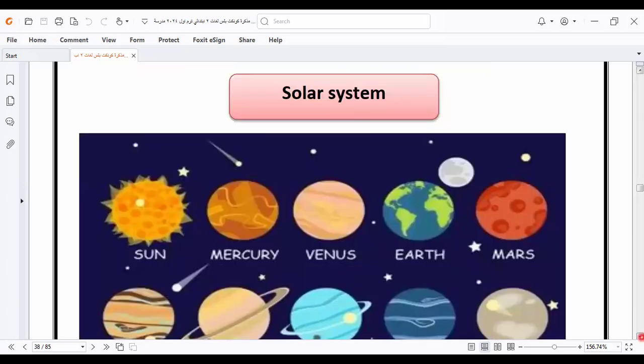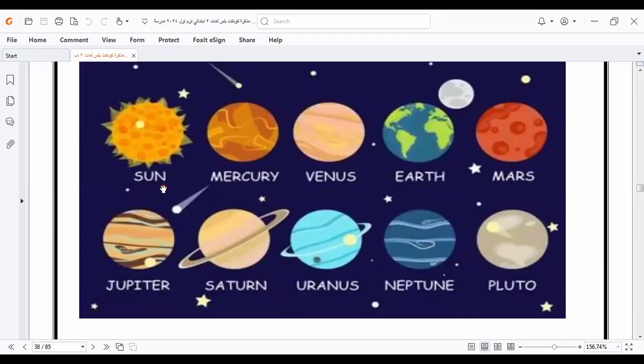Here we have the solar system. Let's read together. We have Sun, Mercury, Venus, Earth, Mars, Jupiter, Saturn, Uranus, Neptune, Pluto. I will repeat, and repeat after me.